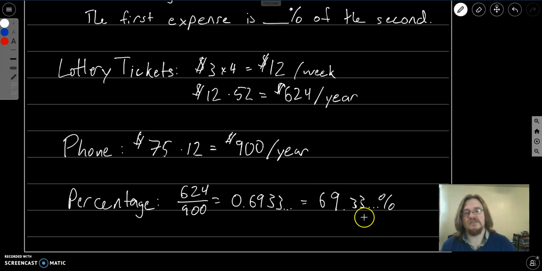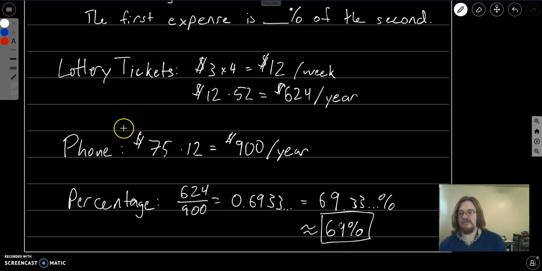And I think in these questions they quite often are asking us to round to the nearest percentage. So to the nearest percentage, that means I'm going to get rid of all of the decimal points. And when I'm rounding here, this 3 is not going to round the 9 up. So the 9 will stay the same. So it's going to be 69% of our yearly phone bill is going to be spent on lottery tickets, which seems like a lot. And that's the homework for this week.